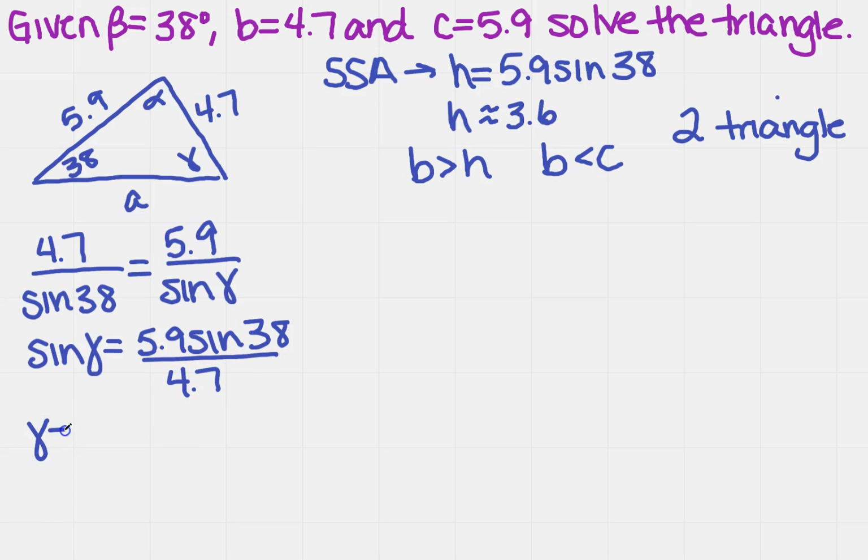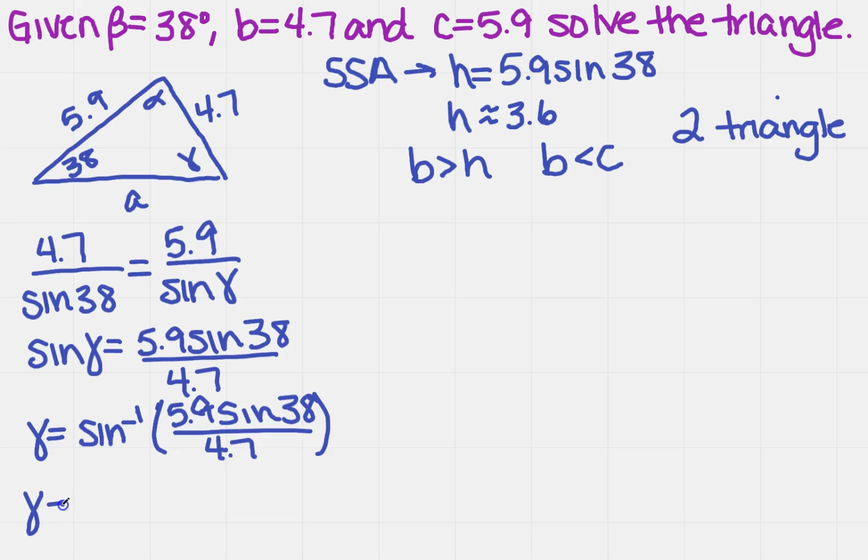And then, as you recall, that means gamma is going to equal the inverse sine of 5.9 sine 38 divided by 4.7. And when I do that on my calculator, I get that gamma equals 50.6 degrees. Now remember, we said there could be two triangles.